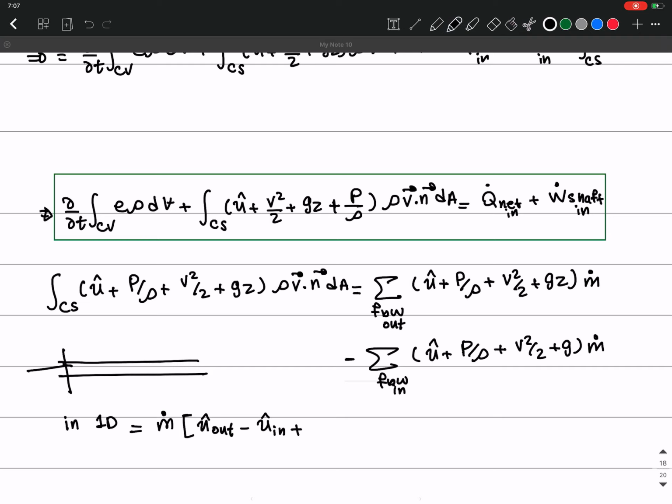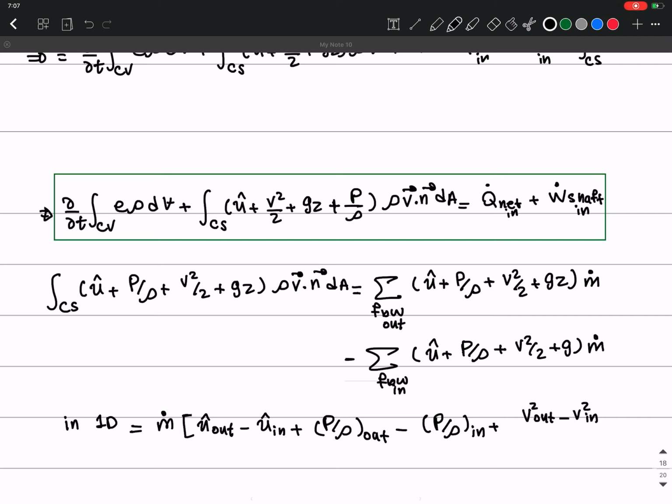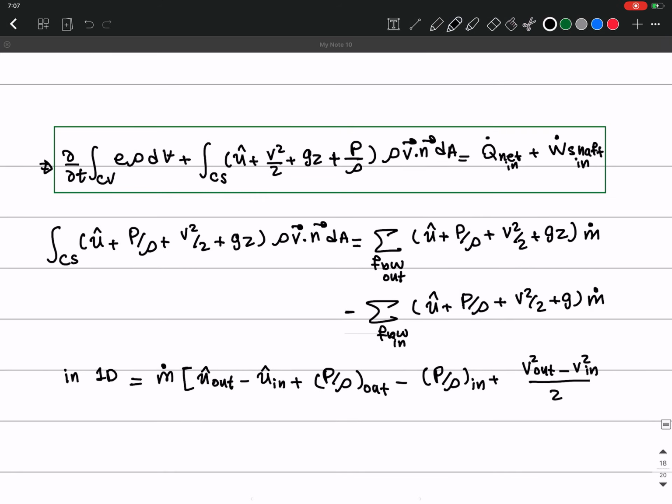So it's like here it comes in and here it goes out, right? So I can simplify it as follows: I can just factor m dot, then it's going to be u out minus u in plus p over rho out minus p over rho in plus v square out minus v square in over 2 plus gz out minus z in, right? This equals to this.